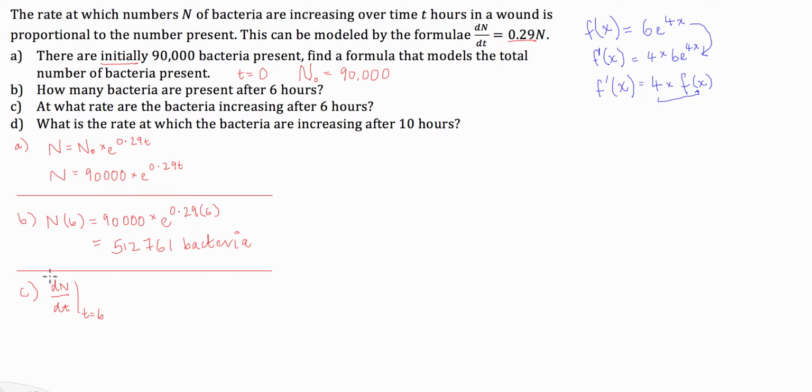If we take a glance up to the top here, it says that dN/dt is equal to 0.29 times N. So this is going to be equal to 0.29 times N(6), which makes it a bit easier because that's what we have from up here.